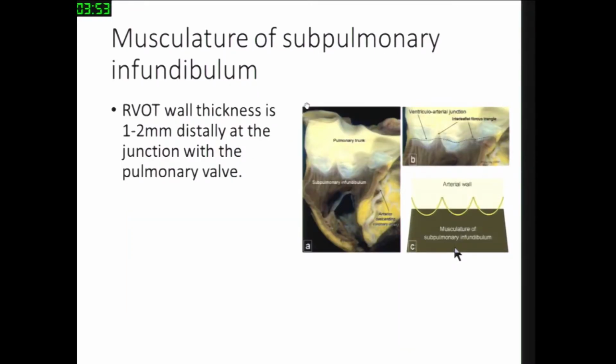The musculature of the subpulmonary infundibulum is 1 to 2 millimeters thick distally. It tapers where it crosses the junction of the pulmonary valve and the myocardium. The musculature in the subendocardium looks like this.